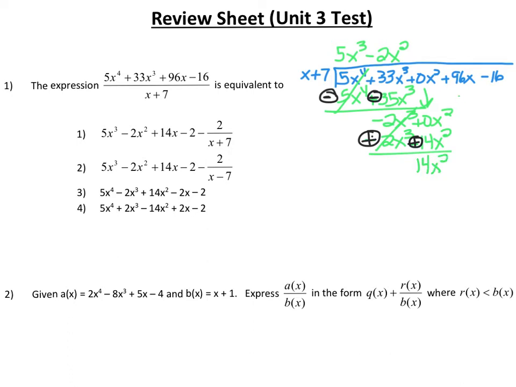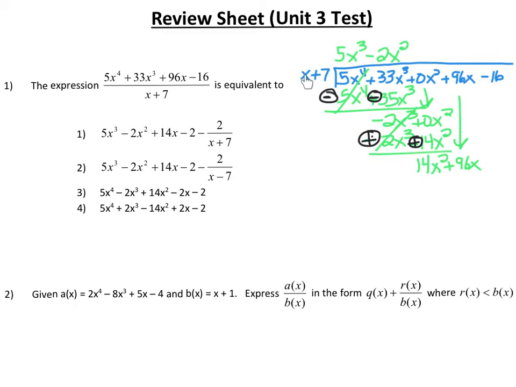Okay, and again, we're going to bring down the next term. The reason we bring that down is because if we have two terms out here, we want to have two terms down here, so that when we combine our like terms, we'll combine two terms with two terms. All right, so start the process again. What can I multiply this first term by to give me this first term?